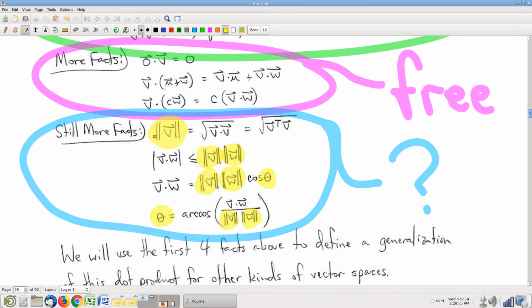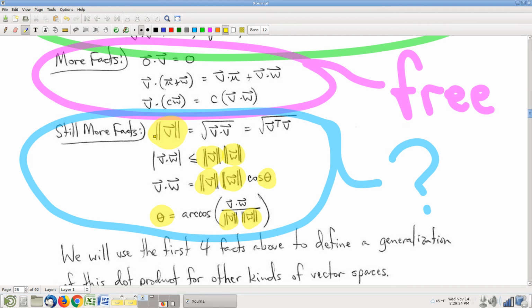Well, I don't know. What do you mean by magnitude? We haven't defined magnitude yet in some random vector space. We haven't defined angle. What's the angle between two matrices? So I don't know how to answer the question because we haven't defined these quantities yet. We can't just say that they're automatic, but we also can't really decide immediately if they're true.